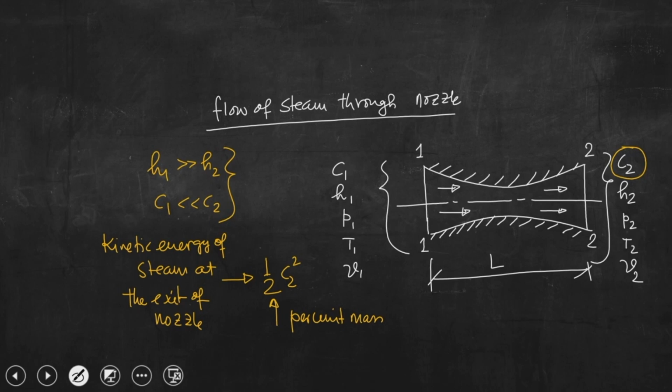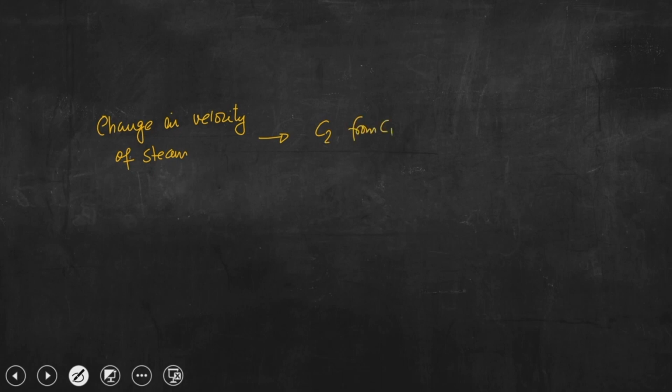If we go to the next slide, the change in velocity of steam, that is C2 from C1, we are getting at the cost of the enthalpy drop.